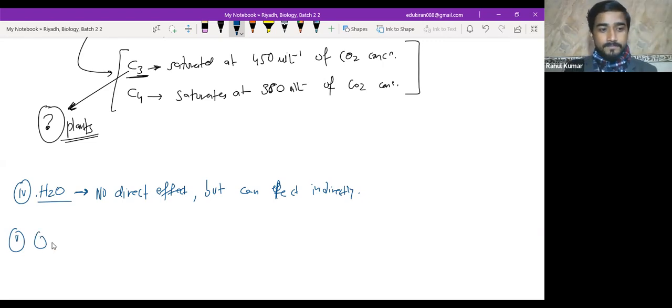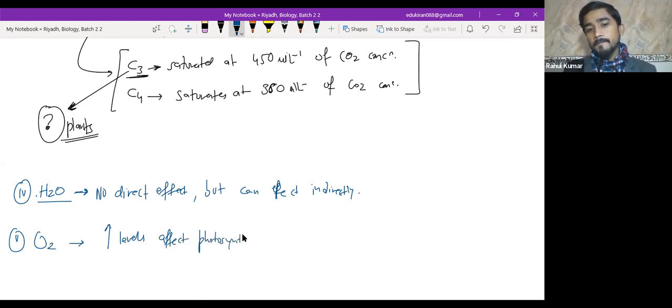So high levels of O2 affect photosynthesis in C3 plants because of photorespiration.